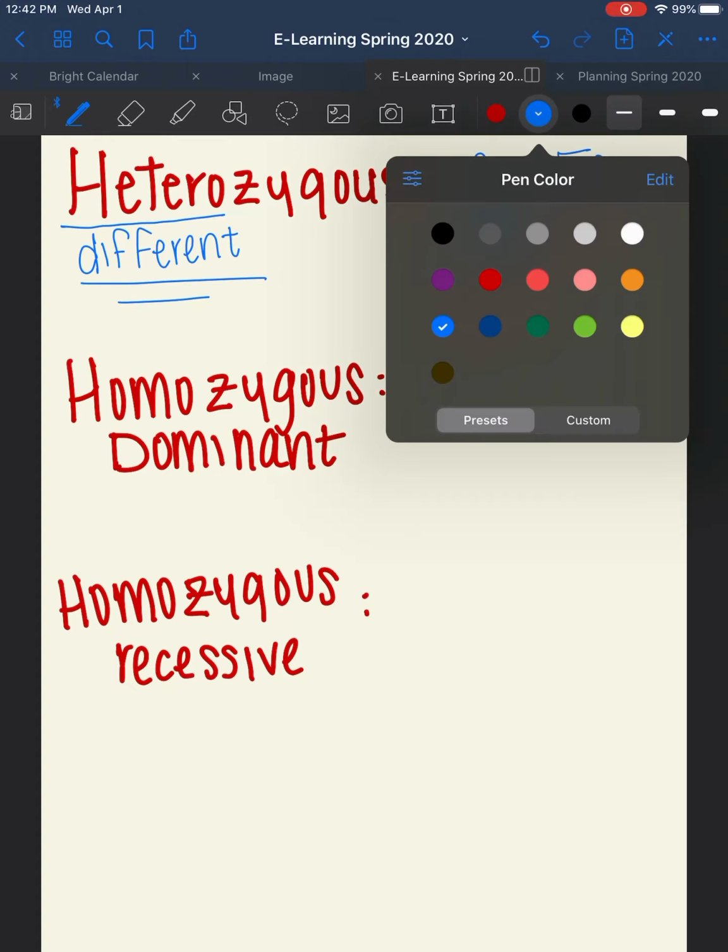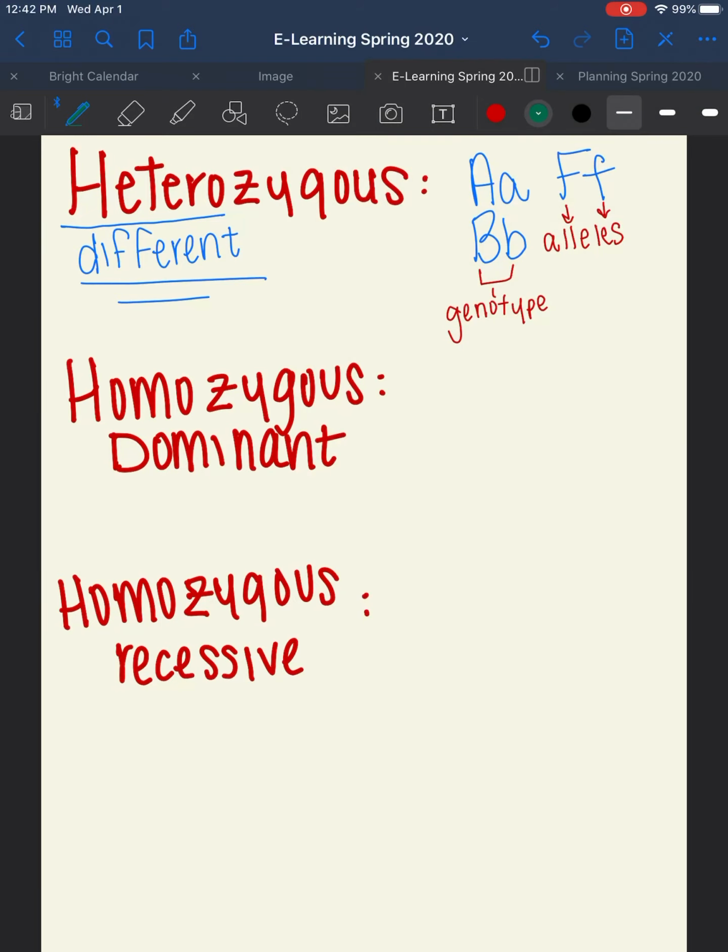Okay, so the next one is homozygous dominant. In the previous lecture, we saw that the prefix homo means same. So this genotype has two letters that are the same size.